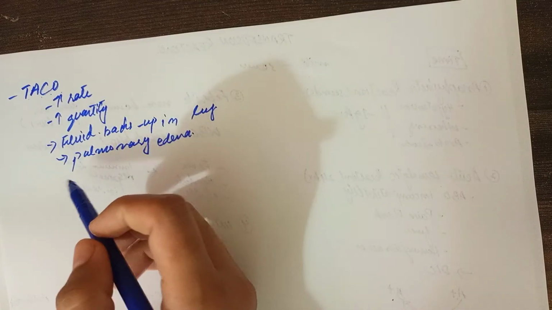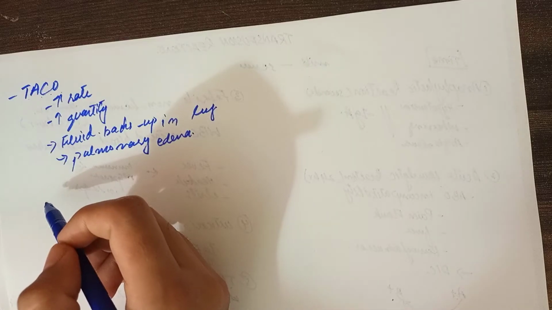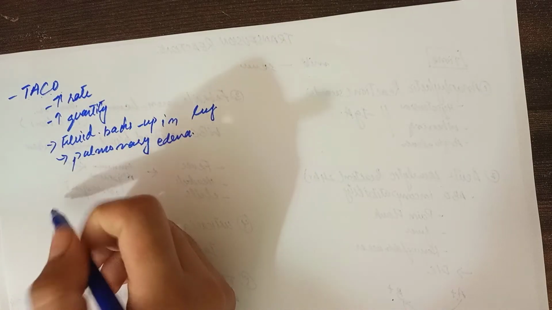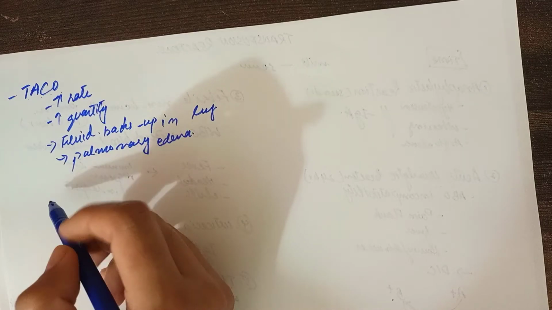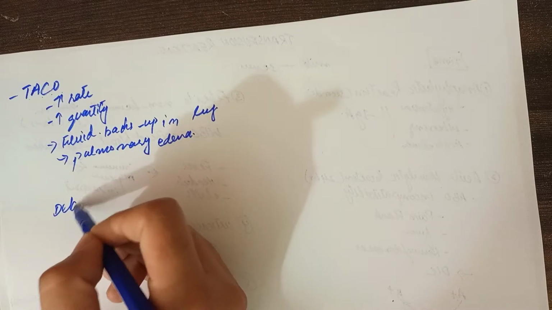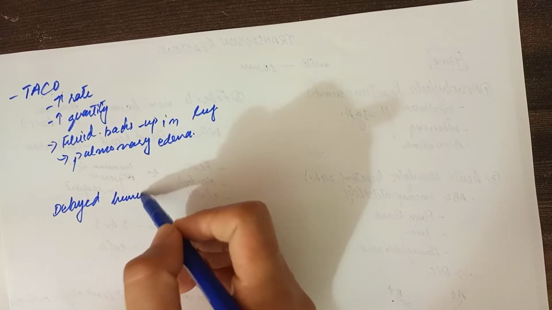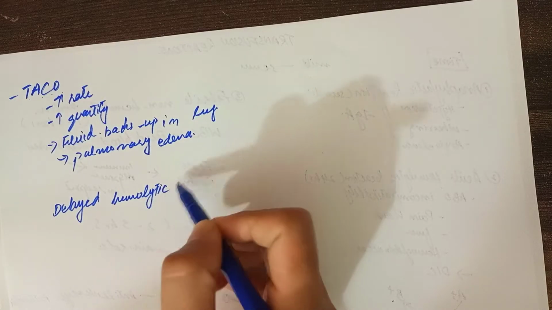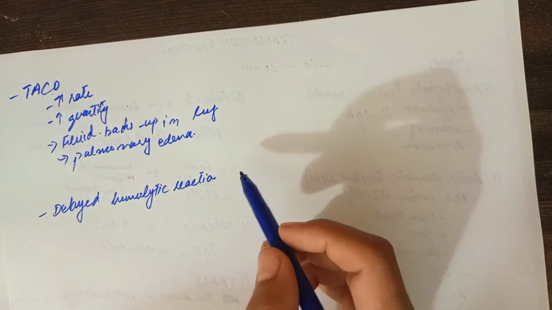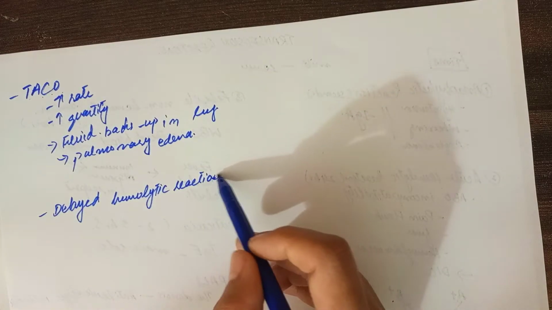In actual, the hemolytic reaction can also occur days or weeks after the transfusion, and these are known as delayed hemolytic reactions. These occur days or weeks after the transfusion.